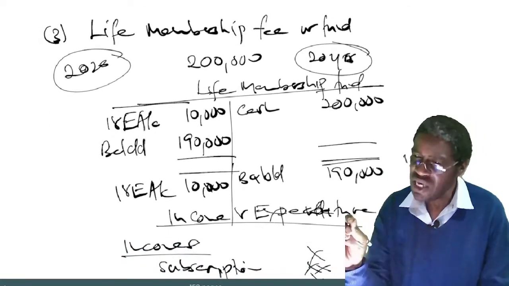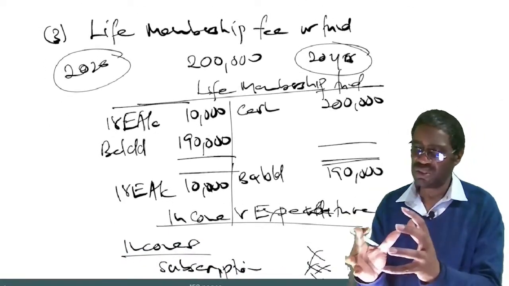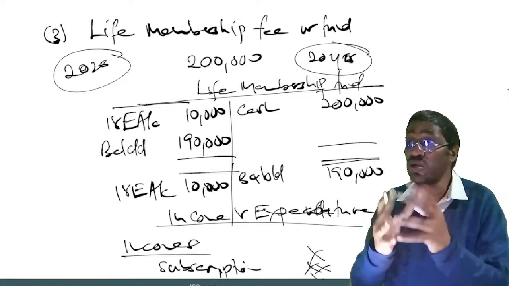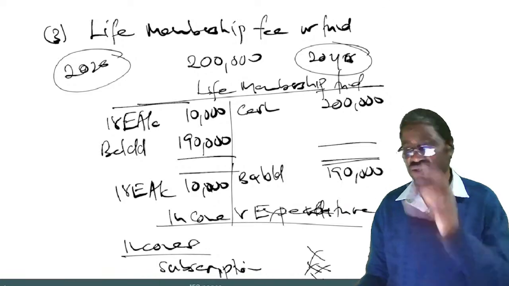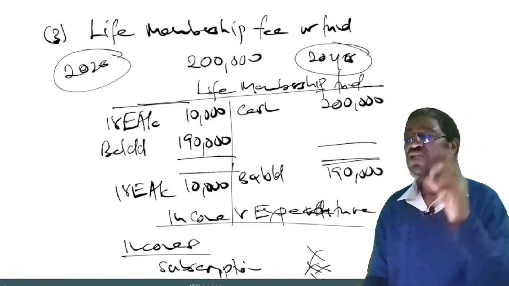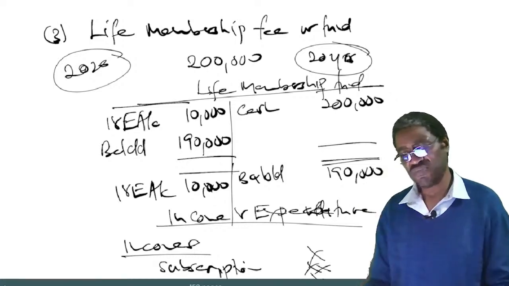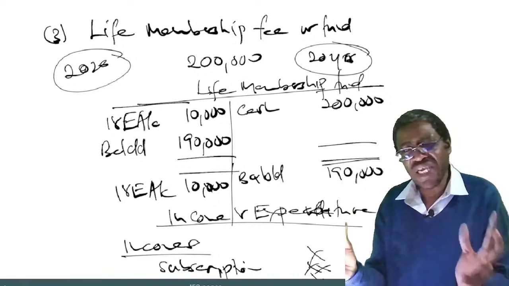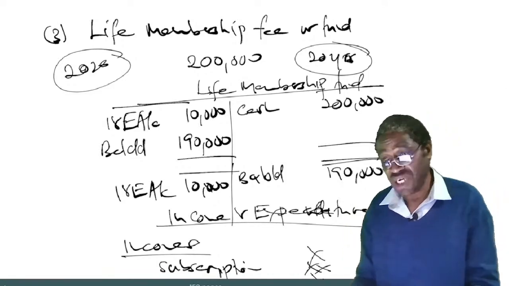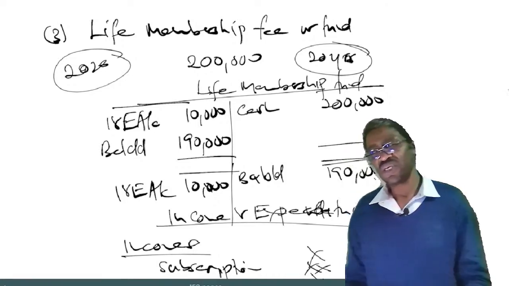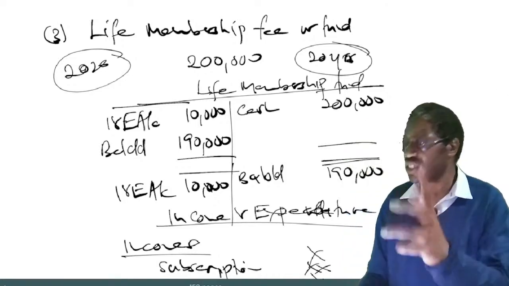A member paying a lump sum amount to cover him for a specific, long period of time. So we are saying every year you'll be transferring from the life account to the income and expenditure whatever it is that you are transferring. From my illustration, I'm assuming that the question tells us this 200,000 we are receiving is to cover us for 20 years.